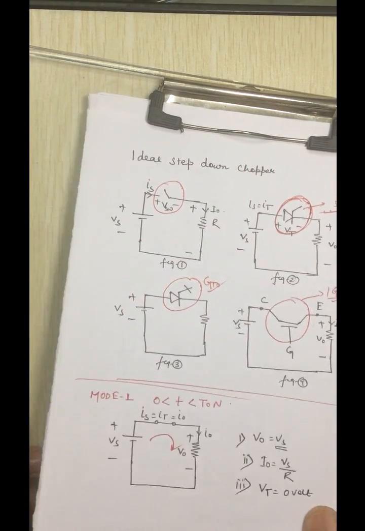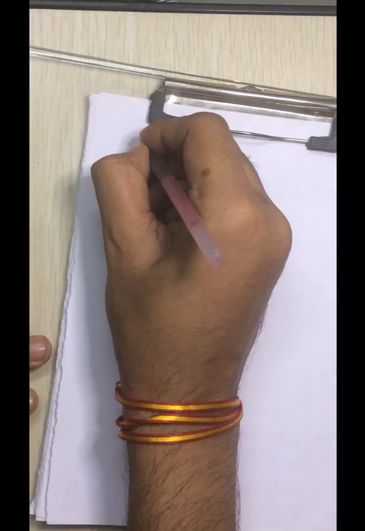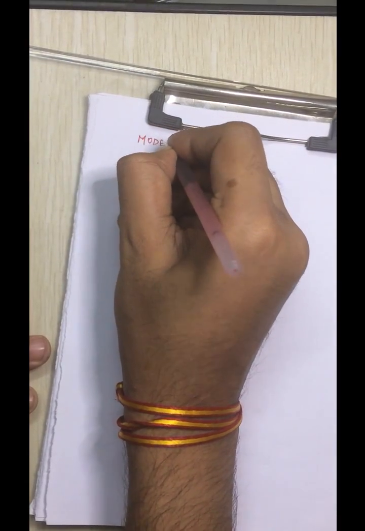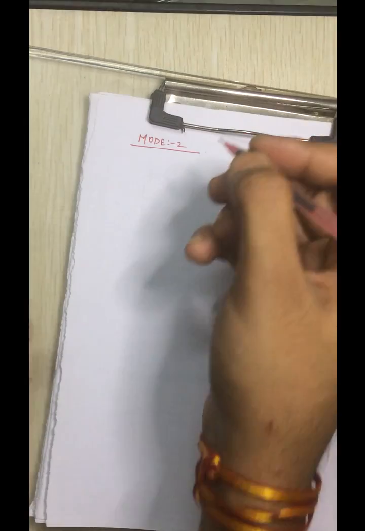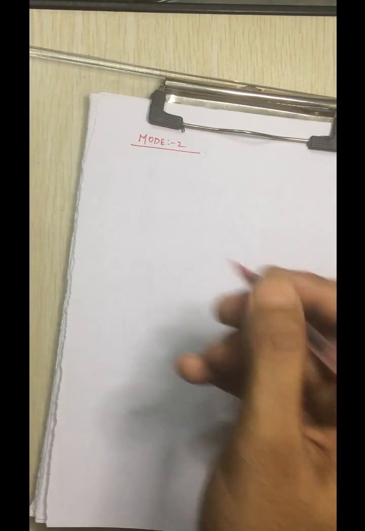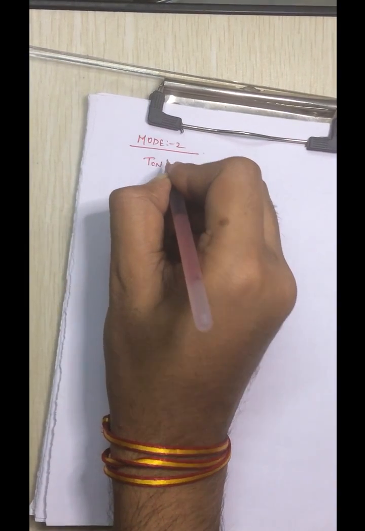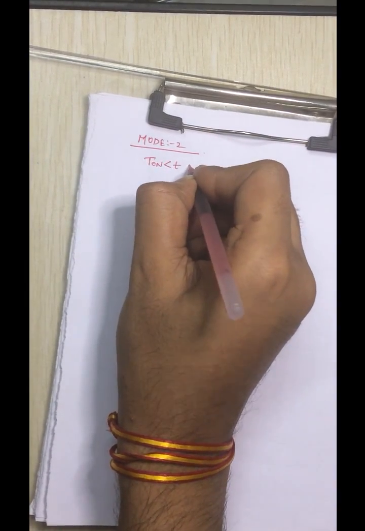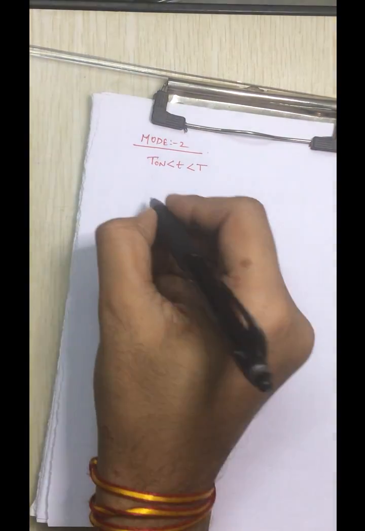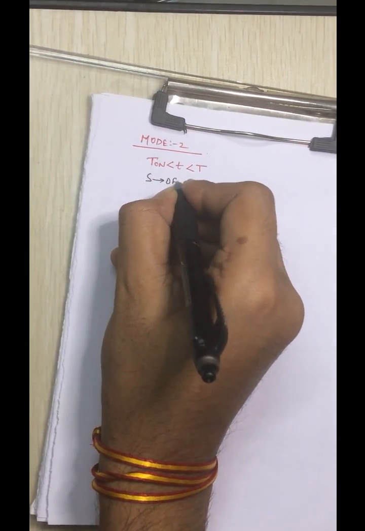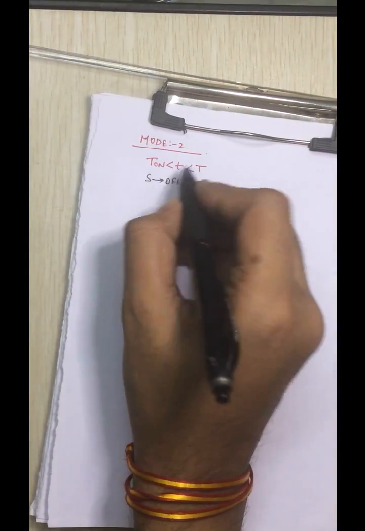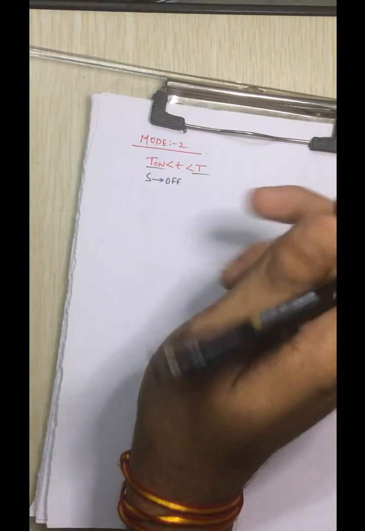Let's move on to mode 2. Now we are talking about from T on to T, means the other half cycle.